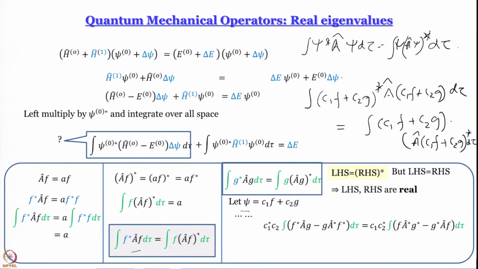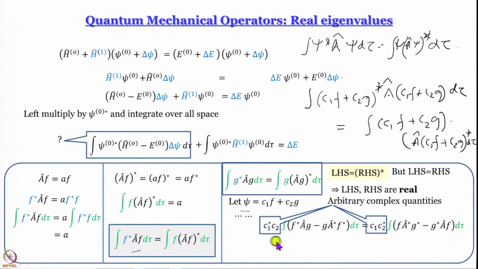Now see, the C1 star and C2, they are perfectly arbitrary constants. I have not told you that this is 5 and this is 3i or other way around or anything. So, naturally since these are arbitrary complex quantities, we should expect that C1 star C2 in the general case is going to be complex, because we are multiplying two complex numbers.